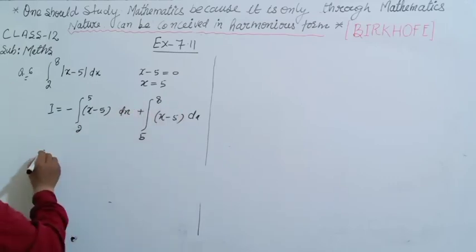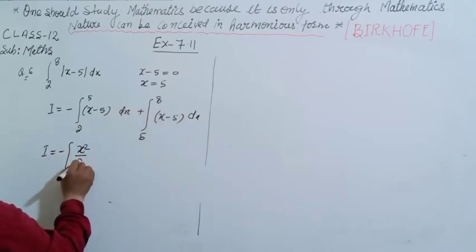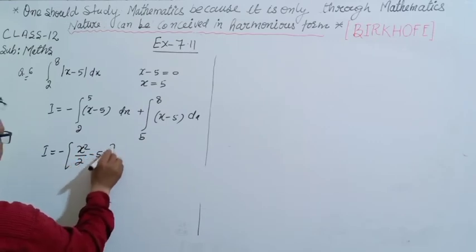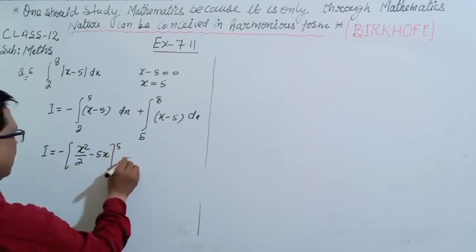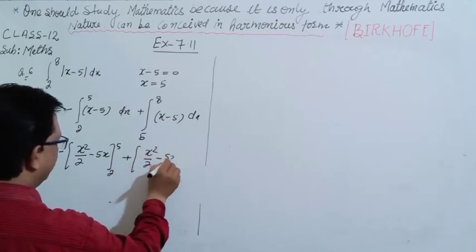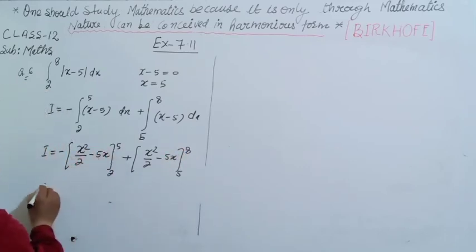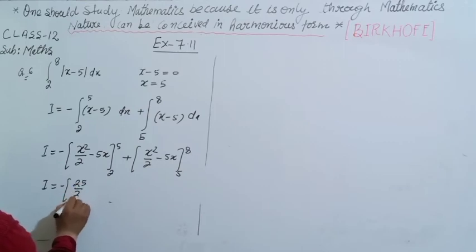Now we integrate this. This is x square by 2 minus 5x plus x square by 2 minus 5x. So first we put the upper limit. This is 25 by 2 minus 25.